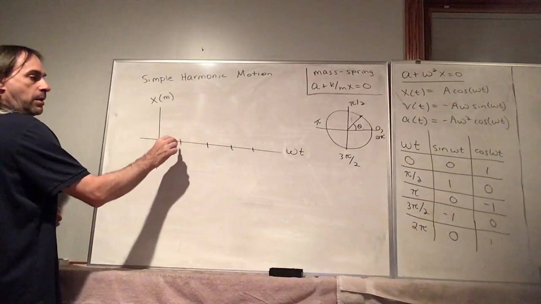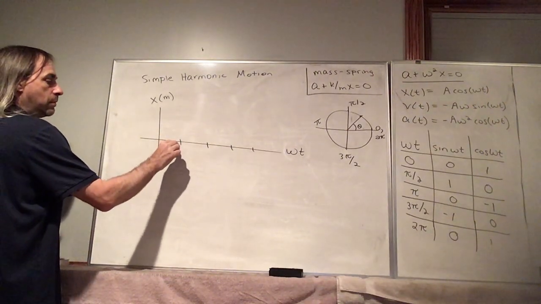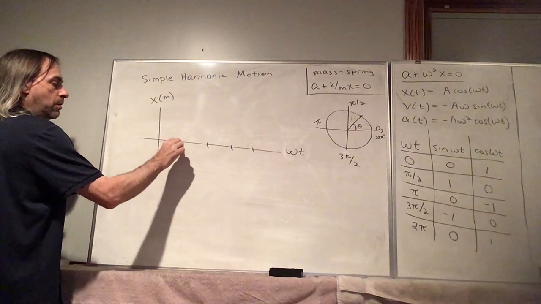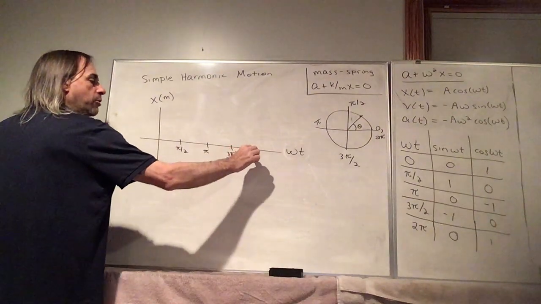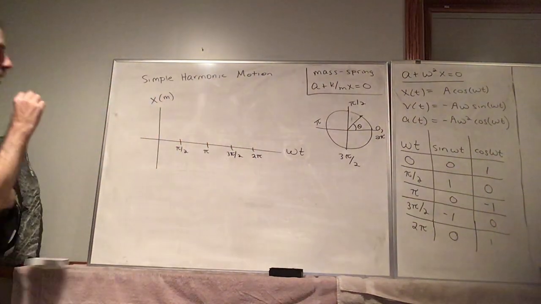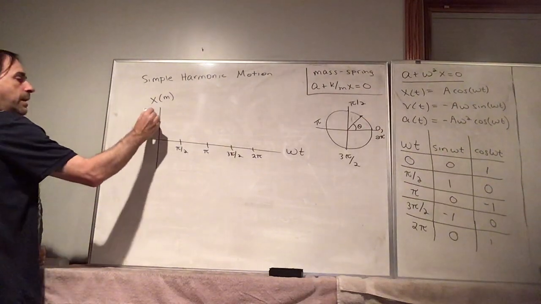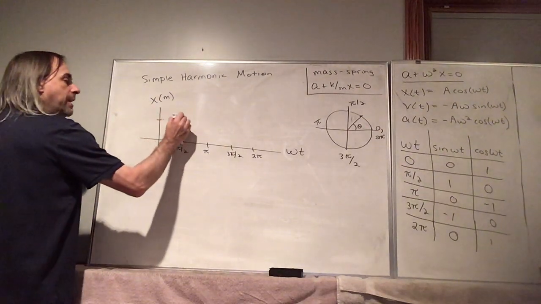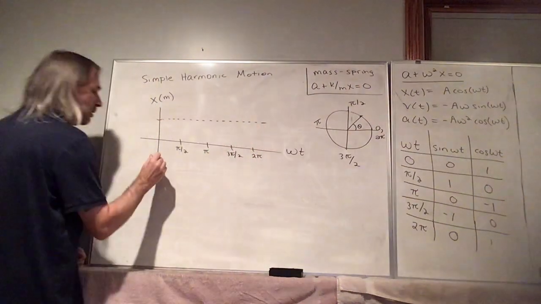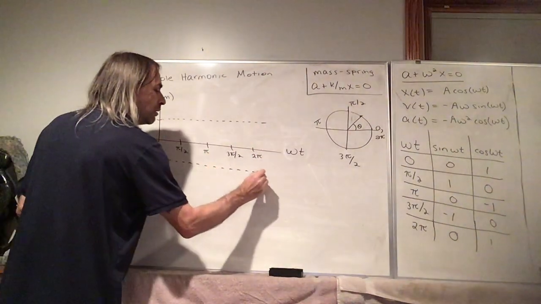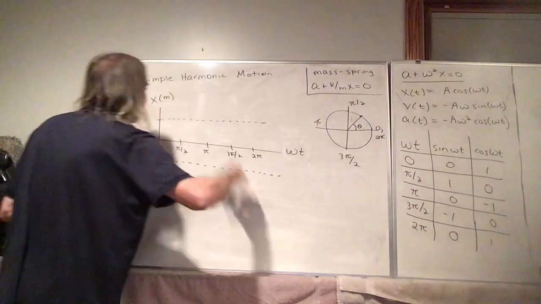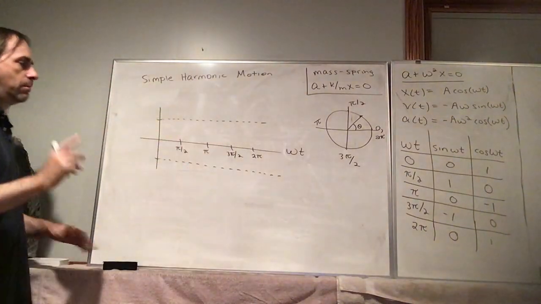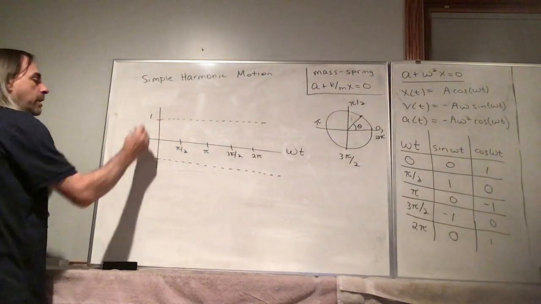Here we're looking at pi over 2, pi, 3 pi over 2, 2 pi. And let's say 1 and negative 1, and I'm going to draw this dashed horizontal line, just so I draw it a little more accurately. We'll see why in a minute, but this is 1, that's negative 1.